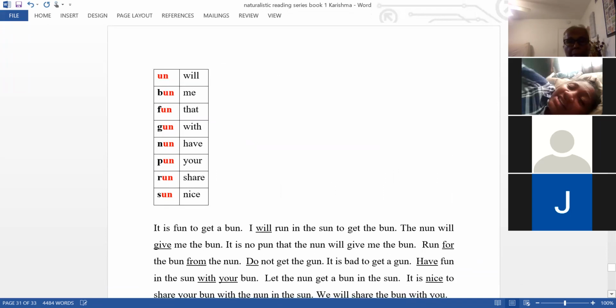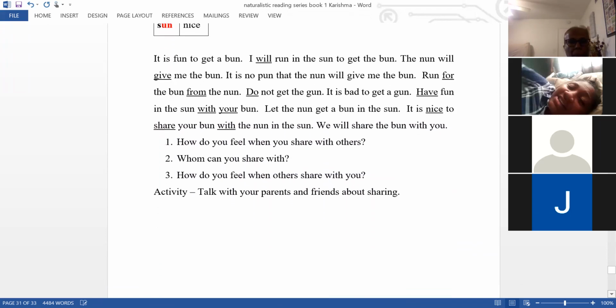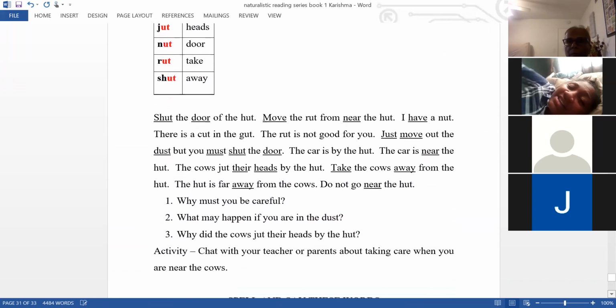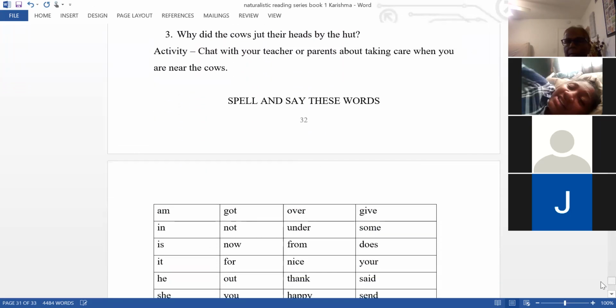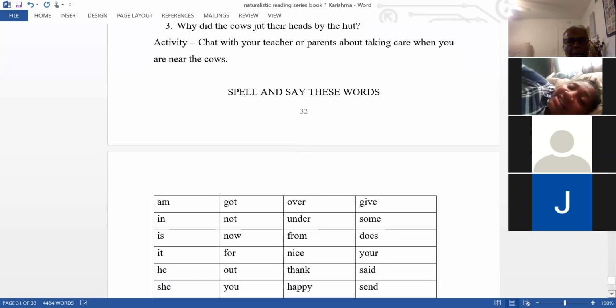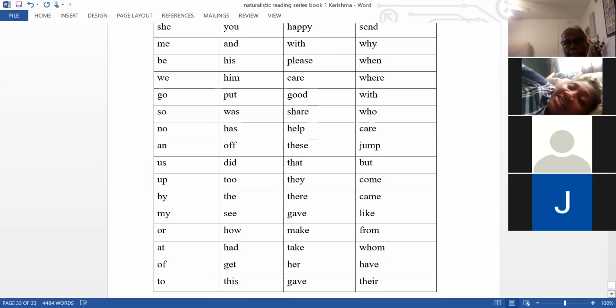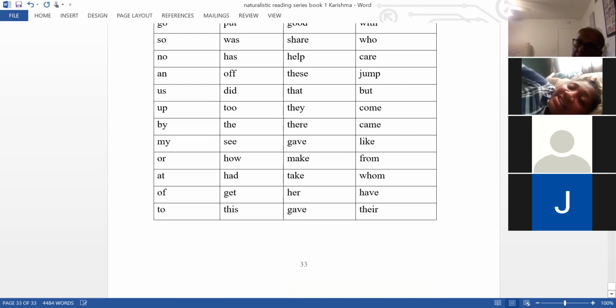They'll be able to read better. And then at the end of the book, I have "learn to spell and say these words." These are words that they should know by now. That's the end of book 1.